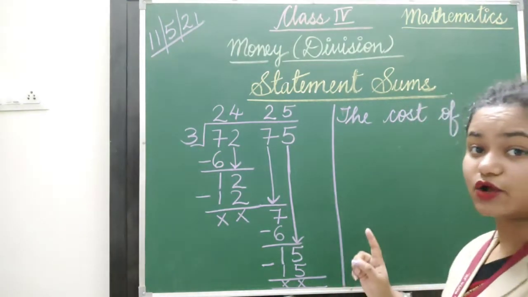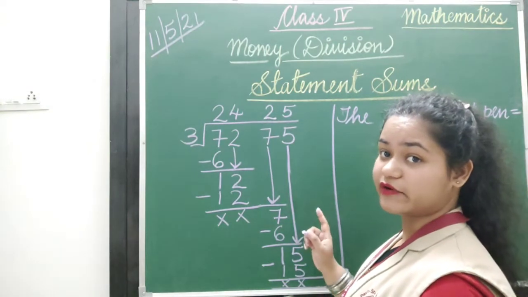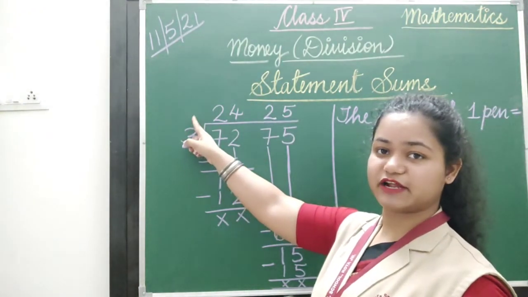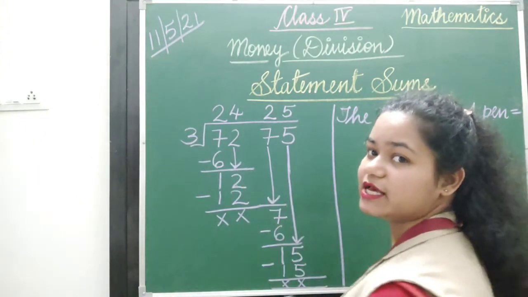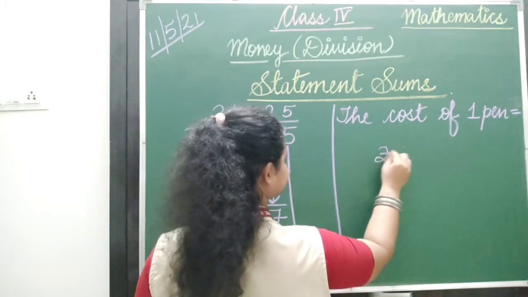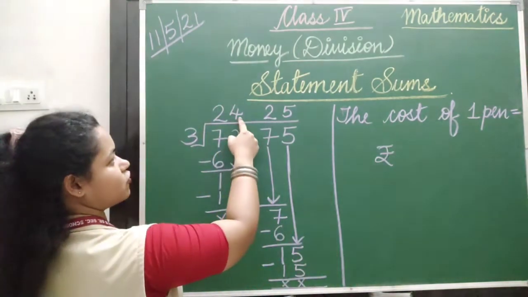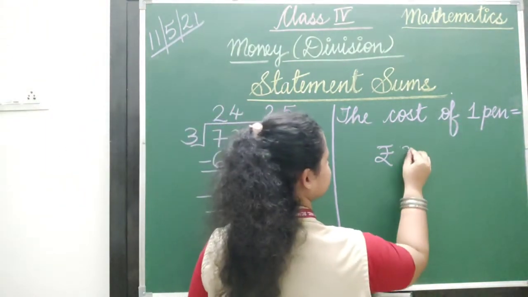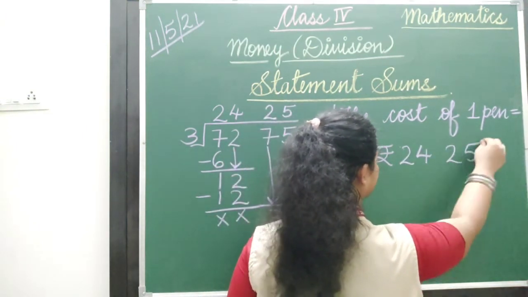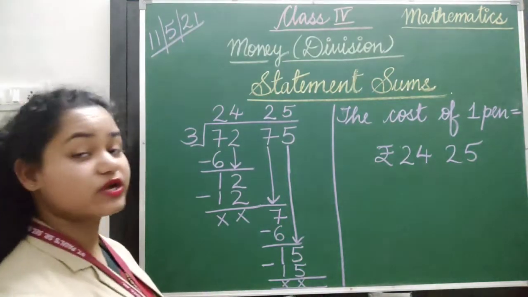As I said, what you are going to write, you are going to copy down this number as it is with a rupees sign in front of this number. Okay, so here write rupees 2425. Okay, and then look into the question.